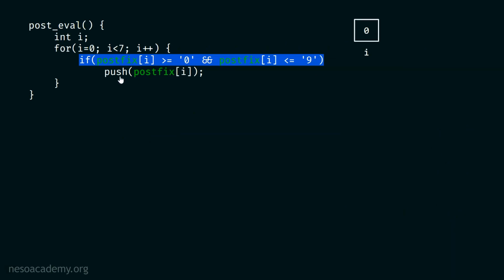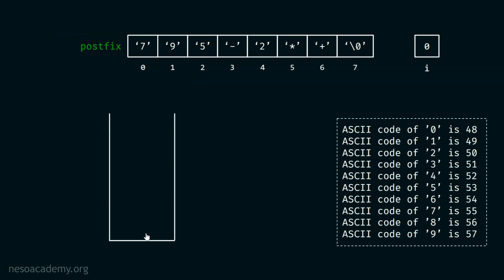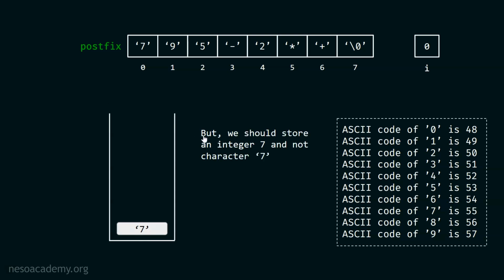After this, of course, we'll get inside this if construct and we will push postfix of I into the array. This means character 7 will be pushed onto the stack, right? So we can see one character, that is character 7, inside this stack. But we don't need this, isn't that so? We should store an integer 7 and not character 7.